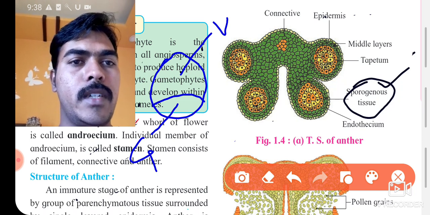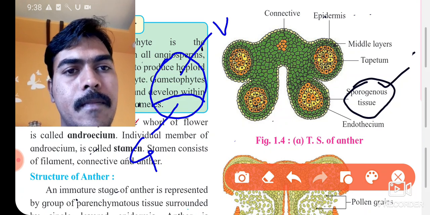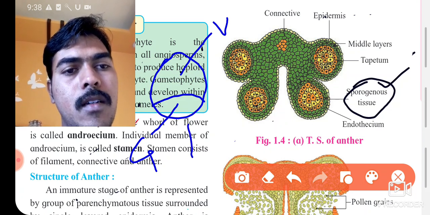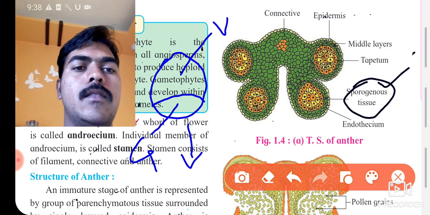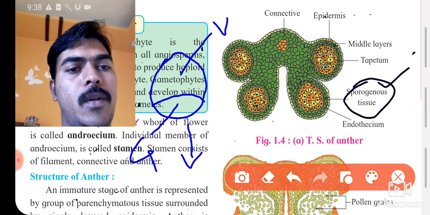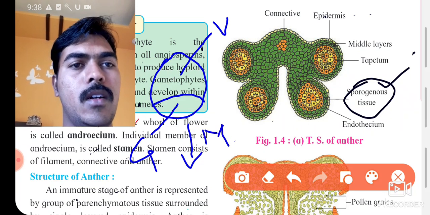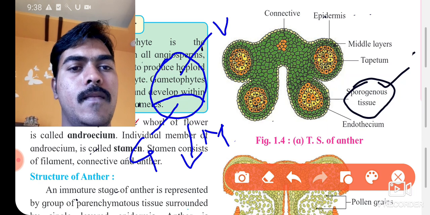Larger cell is called as vegetative cell, whereas smaller cell is called as generative cell. This generative cell again undergo second mitotic division. Only generative cell, not vegetative cell.